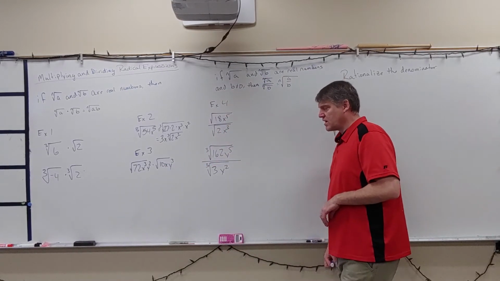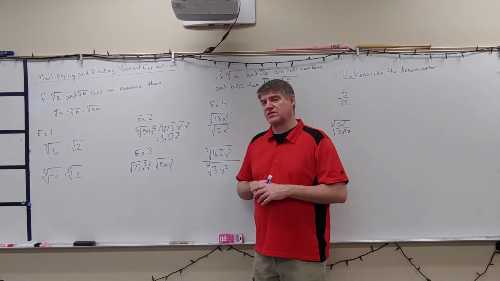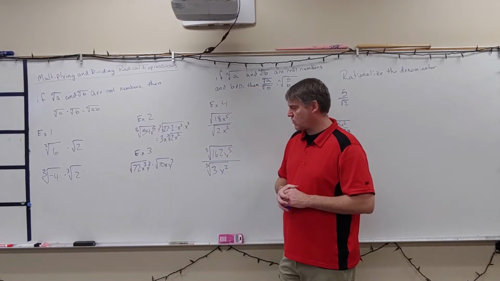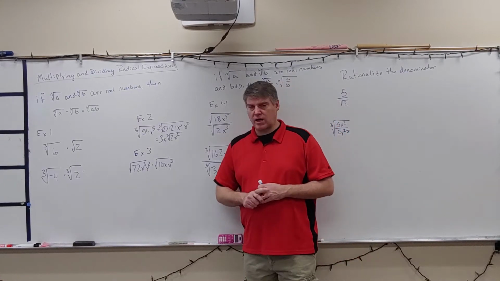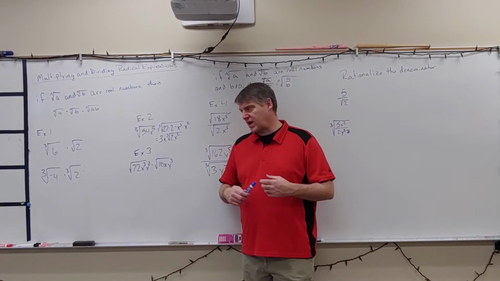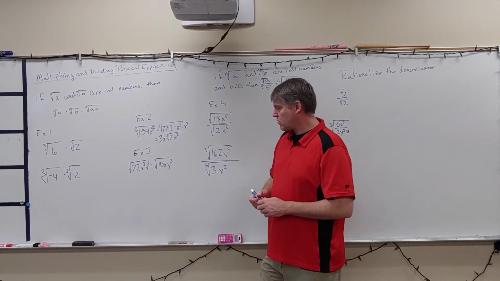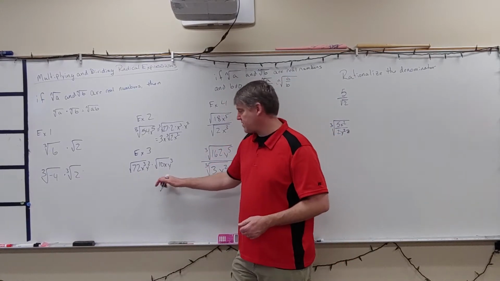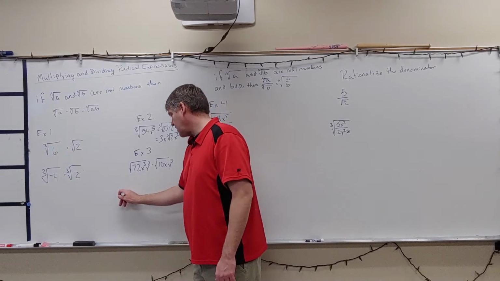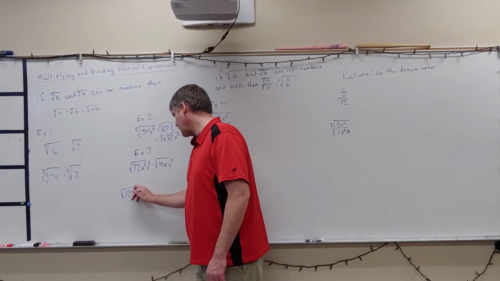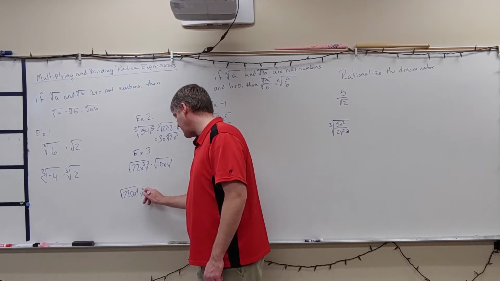Example 3 says I have this product of two square roots, and we want to look at how to break this up. A lot of times you can do this in a variety of different ways. One way is to multiply everything out here, and I get the square root of 720 x to the 4th, y to the 5th.